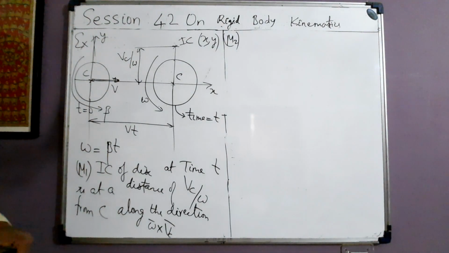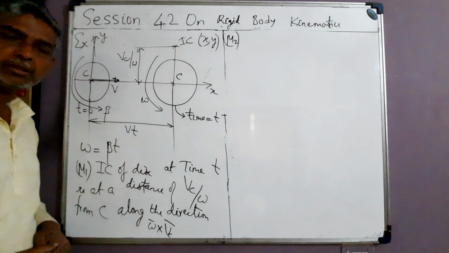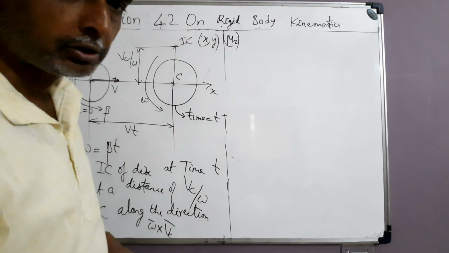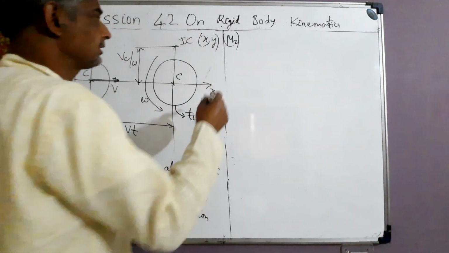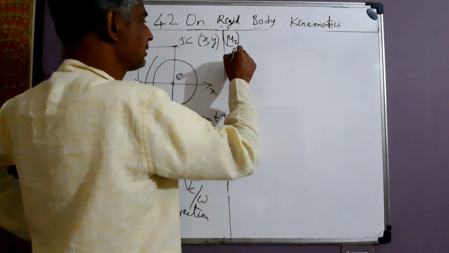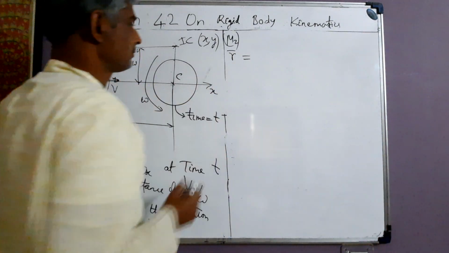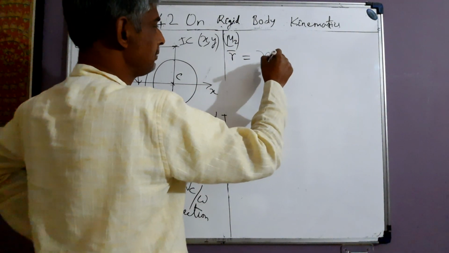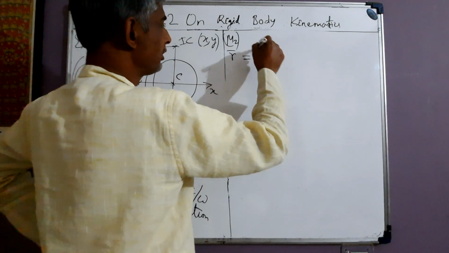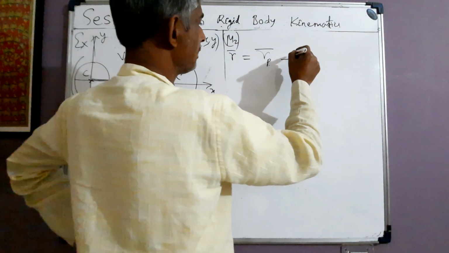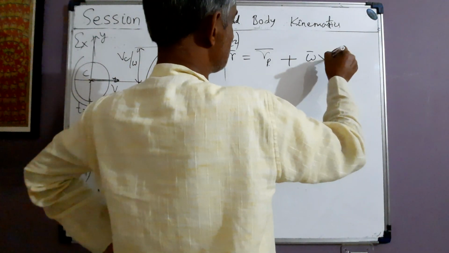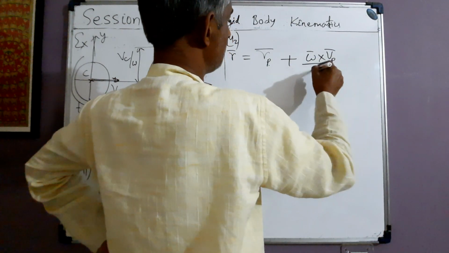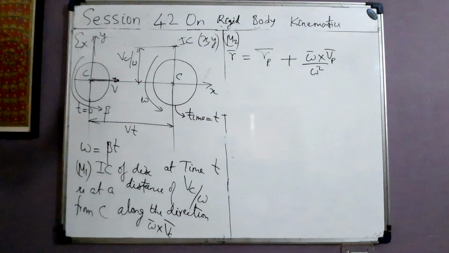As discussed in the second video on rigid body kinematics, in that playlist, it was shown that the position vector of the IC of the disk, r, is equal to the position vector of some point P of the body plus omega cross Vp by omega square.